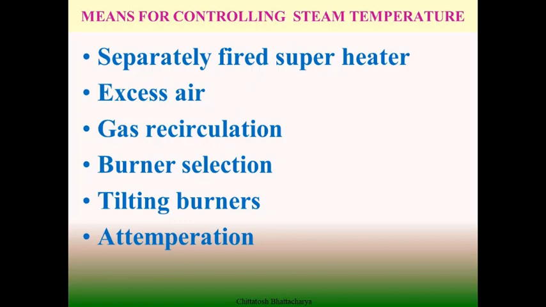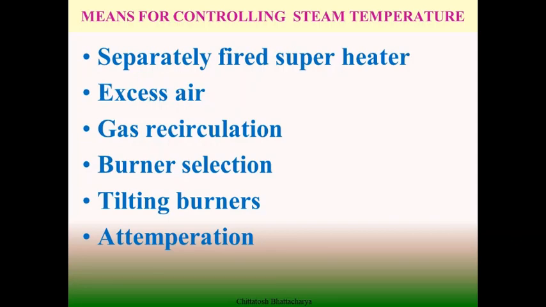There may be water directly mixing between the LTSH and platen superheater, or there may be an arrangement of cooling jacket which controls the outlet steam temperature from the platen superheater. So this way we are trying to regulate the steam temperature.